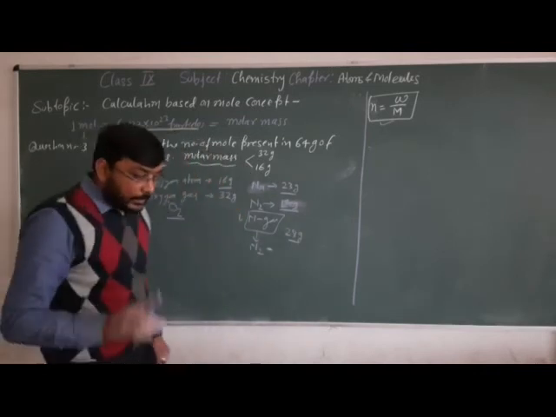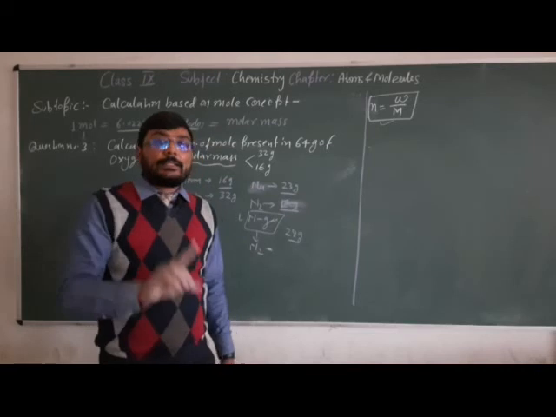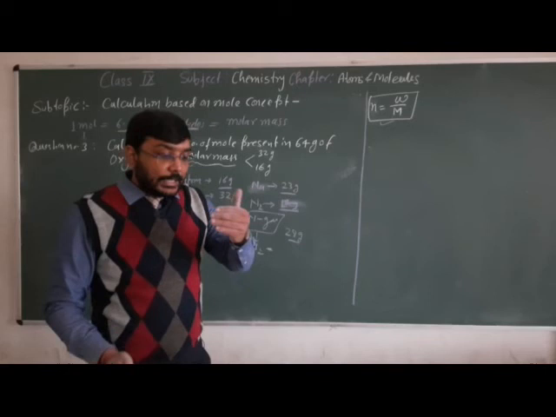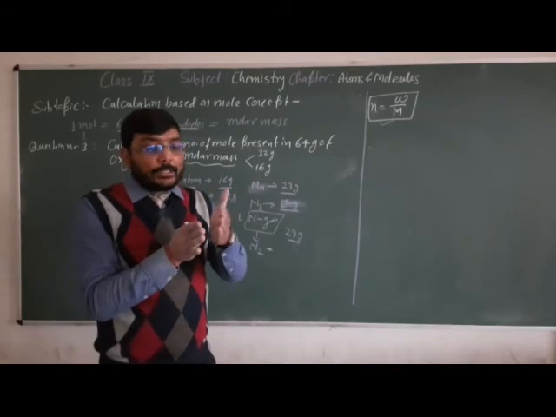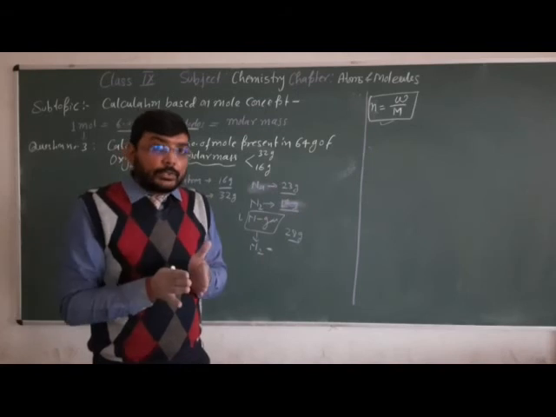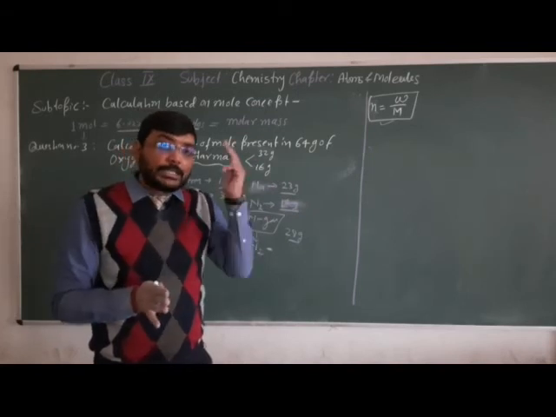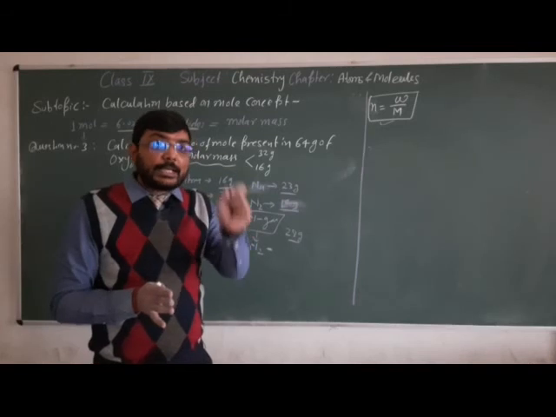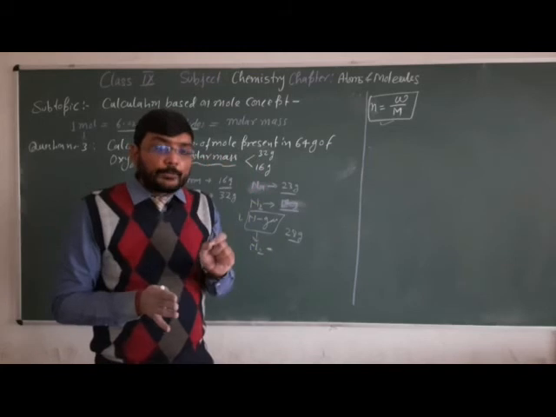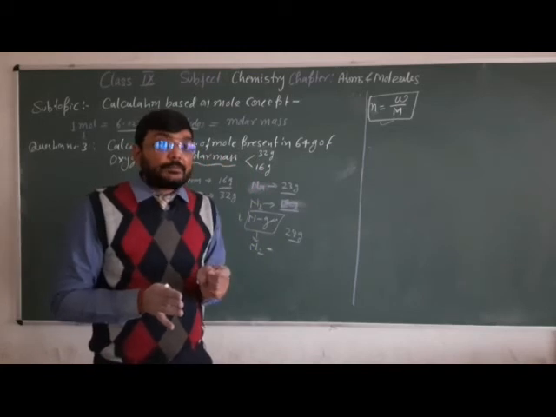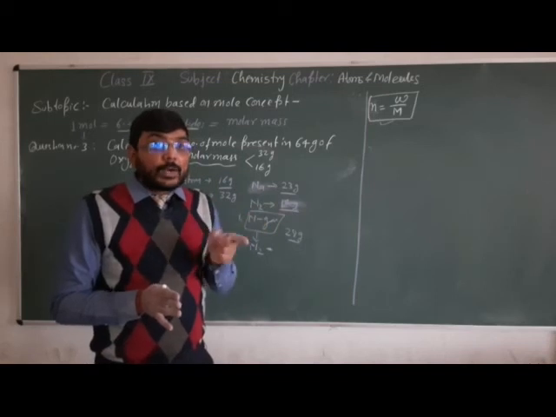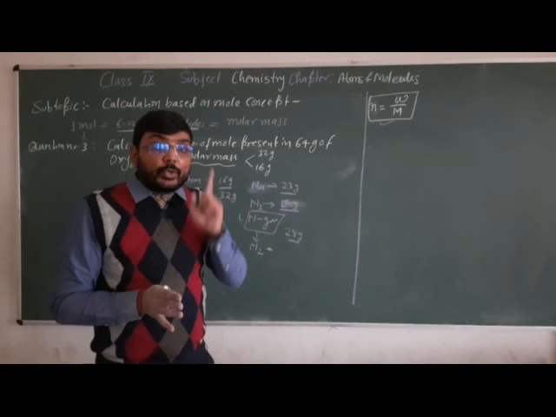If helium gas, then the molar mass is always the same. We try to understand the difference between atoms and molecules. If asked what is the molar mass of hydrogen gas, then it is 2 gram, because in hydrogen gas the particles exist in the form of molecules. But if asked what is the molar mass of hydrogen atom, then you reply 1 gram. What is the molar mass of chlorine?